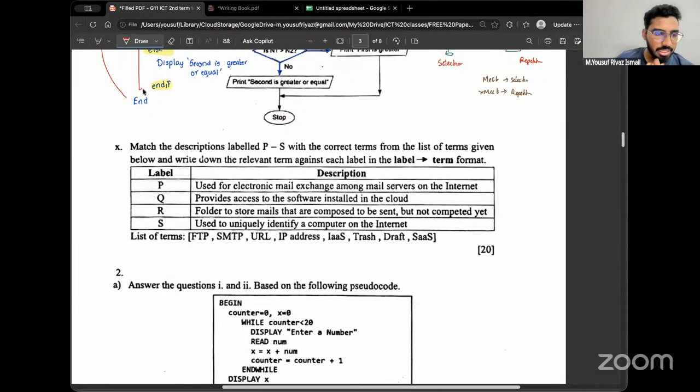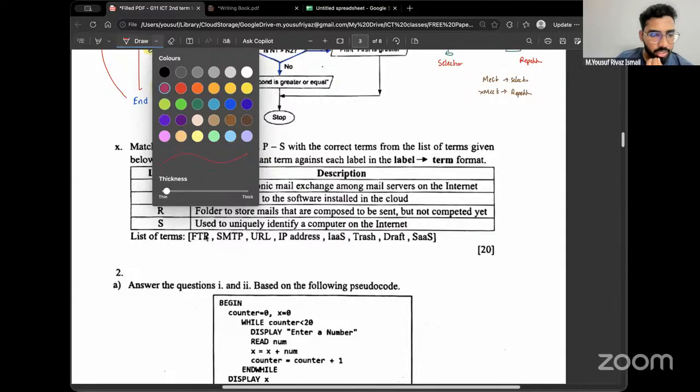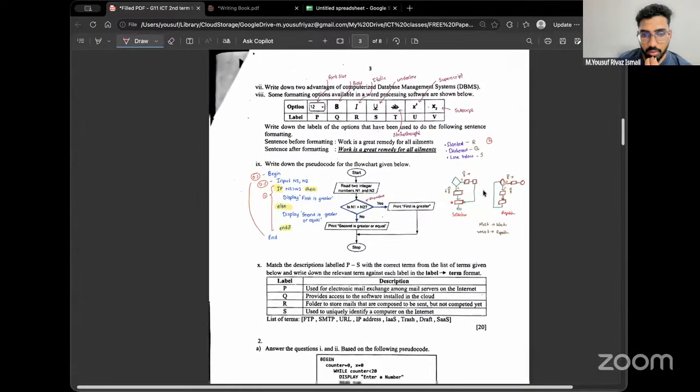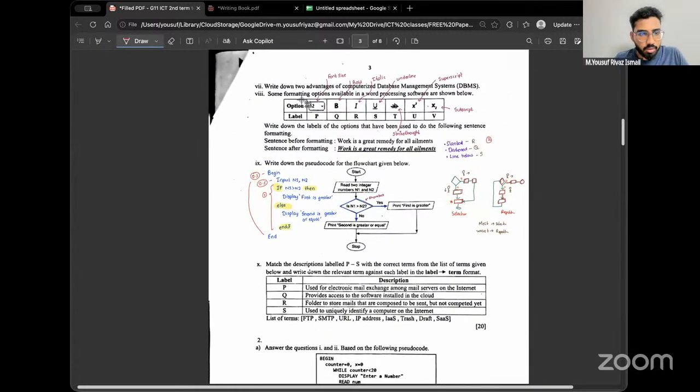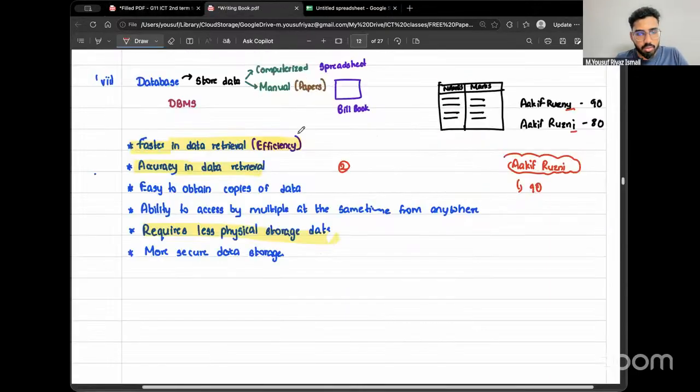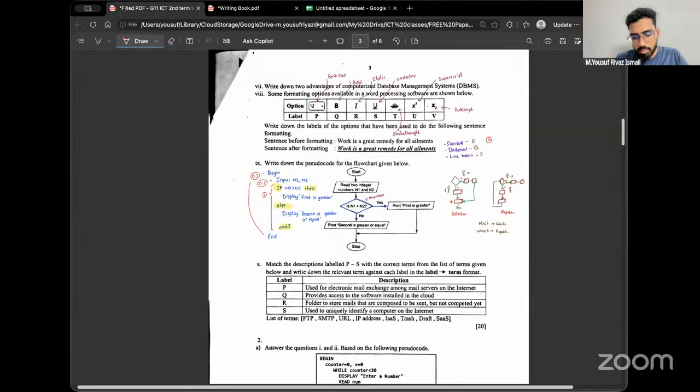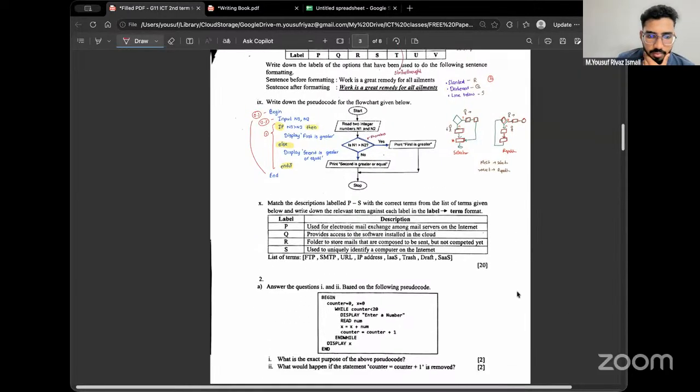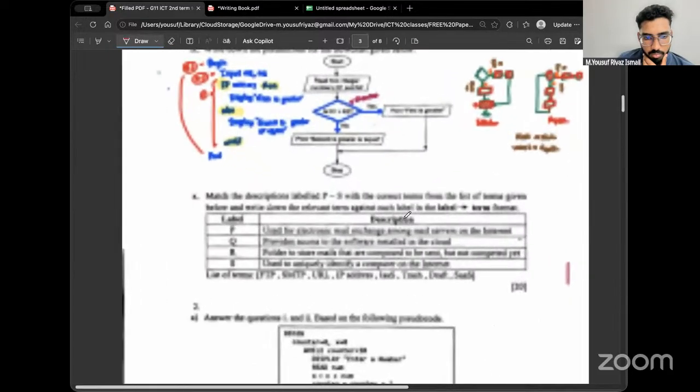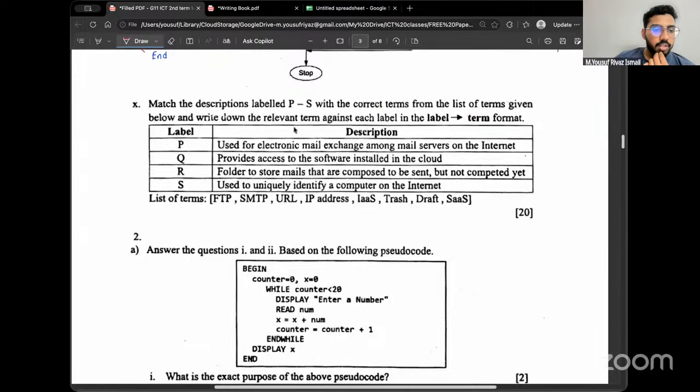So they're asking a matching question. You match P, Q, R, S with the values given at the bottom: FTP, SMTP, URL, IP address, IAA, trash, draft, SAS.